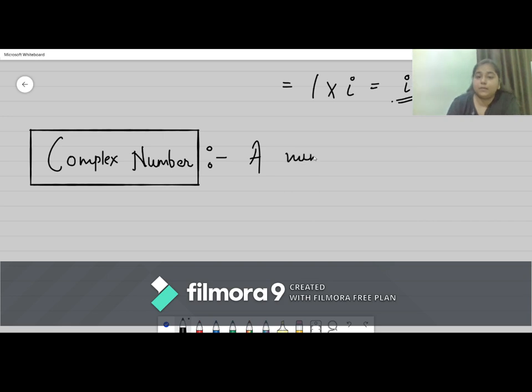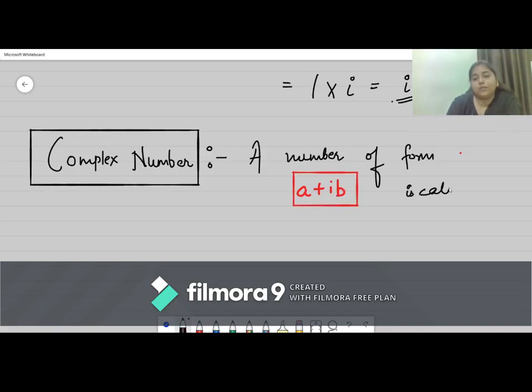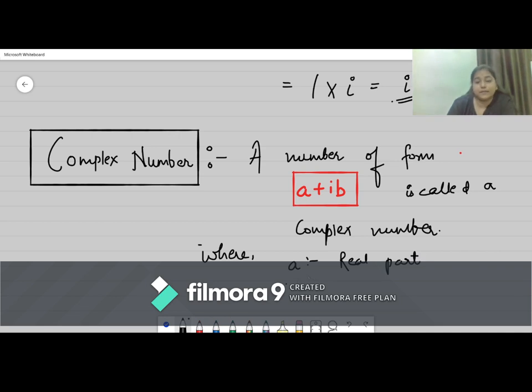A number of the form a plus ib is called a complex number, where what does a represent? A real part and b, why imaginary? Because it has iota accompanying with it.